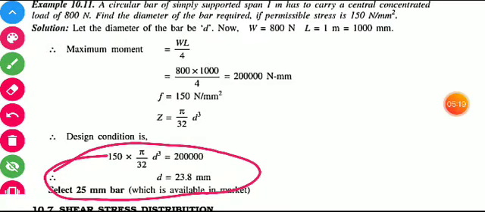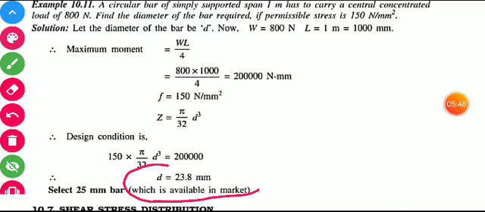So in the market a 23.8 bar is not available, and neither is a 24 bar. So what is the next higher size of bar? It is 25. So from the suitable range available in the market, we choose the next higher value, which is 25.